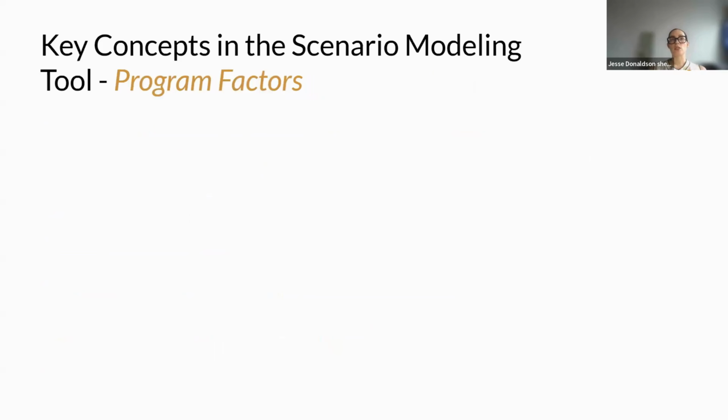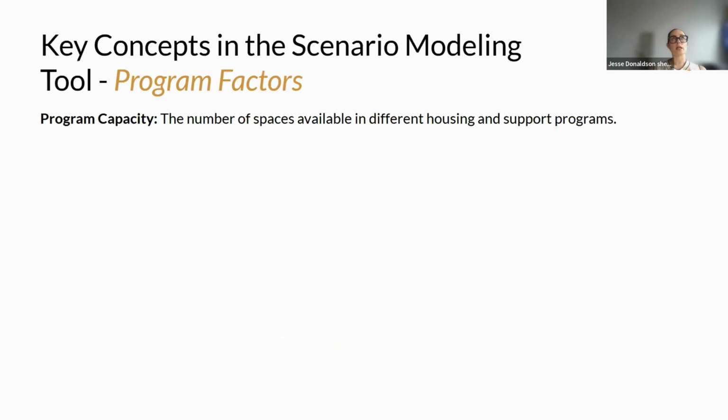Then program factors. So this was a doozy. One of the things we had to really think about is that each program has a set of factors, and those factors change how it interacts in the system. Not everybody's shelter looks like everybody else's shelter. For example, in some communities, transitional housing, which is medium-term housing for people, I would classify, and who cares what I think, as not housing.